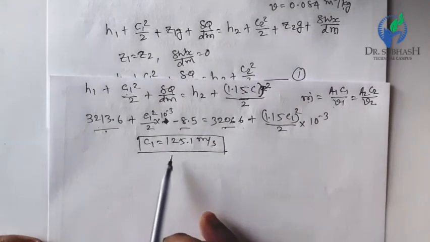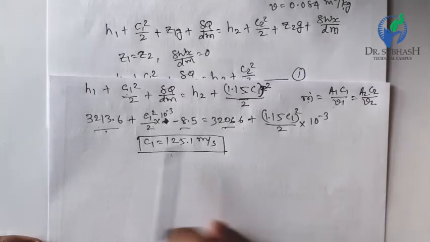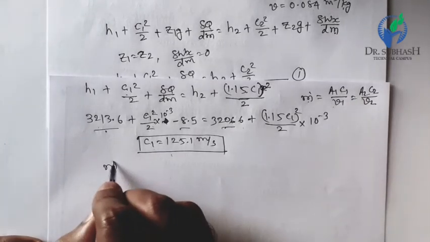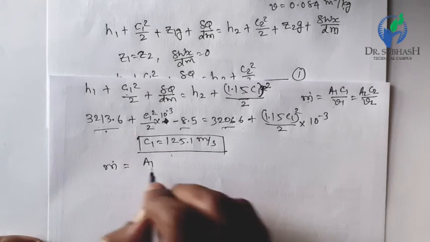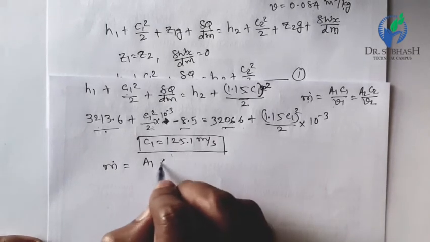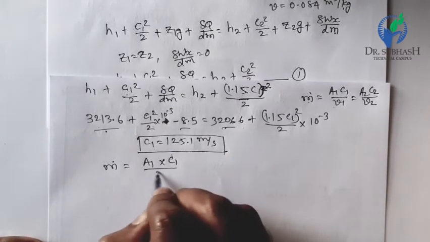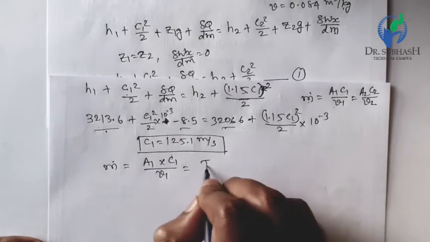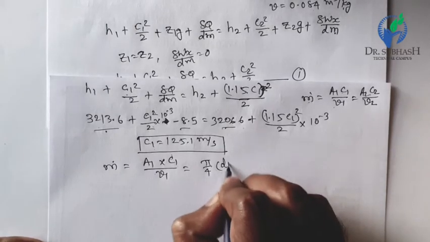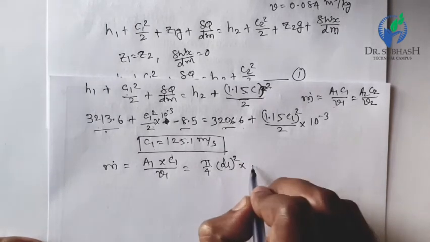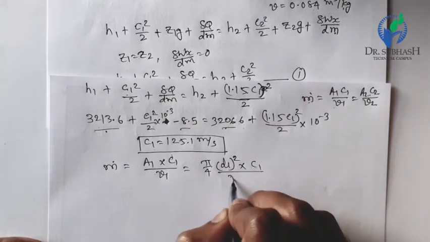Now putting this value of C1 in this equation, we can calculate the mass flow rate. Mass flow rate is equal to A1 C1 divided by small v1. So area is pi by 4 d1 square, times C1, all divided by small v1.